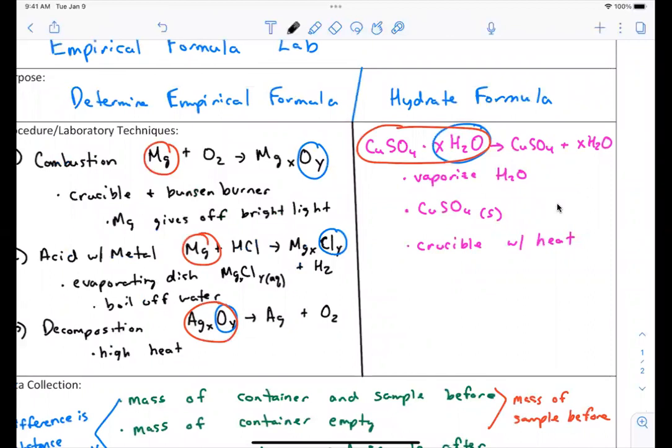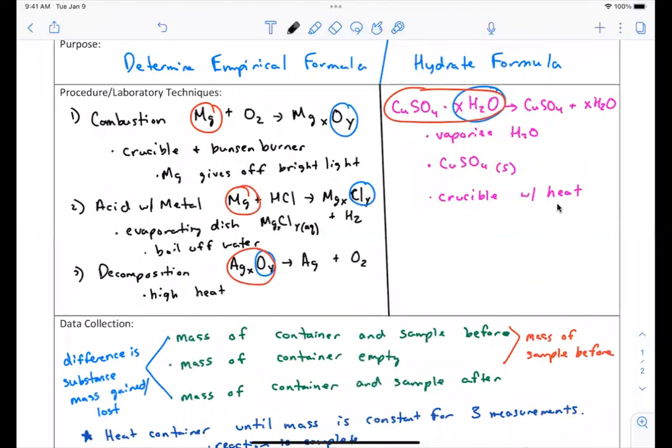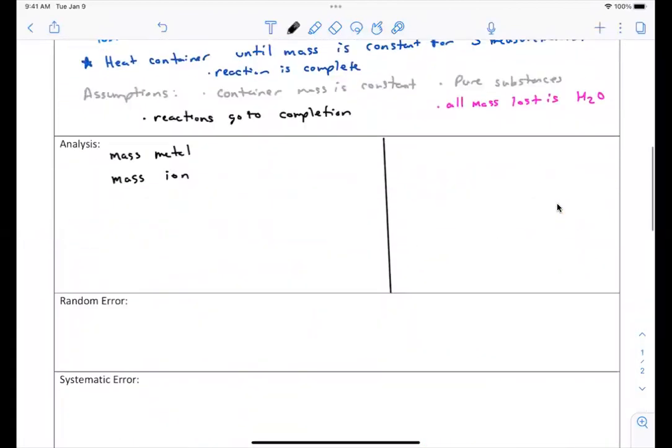Then we can figure out how much oxygen was added because the mass it gained was all oxygen. And for the last one, we know how much was silver oxide. So when we heat it, whatever's left is just silver, and whatever was lost was the oxygen. So in all these techniques, we should have these 2 values at the end, the mass of the metal and the mass of the other ion, whether it's oxygen or chlorine, or chloride, I should say.